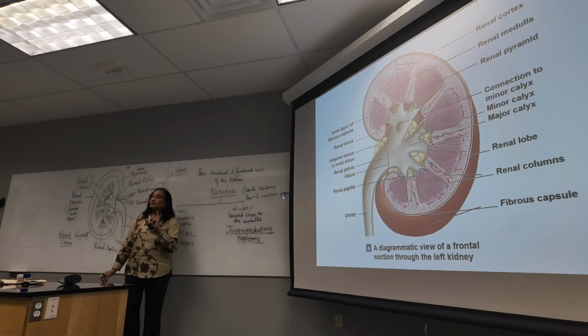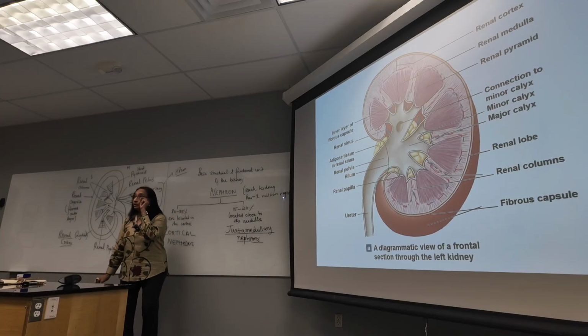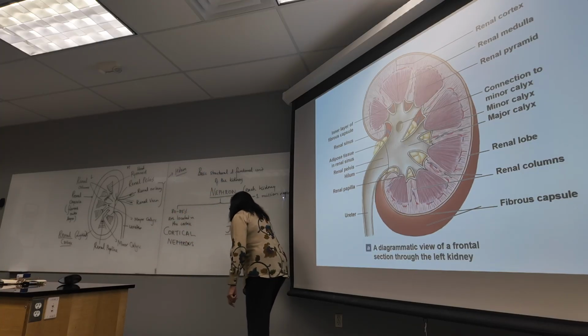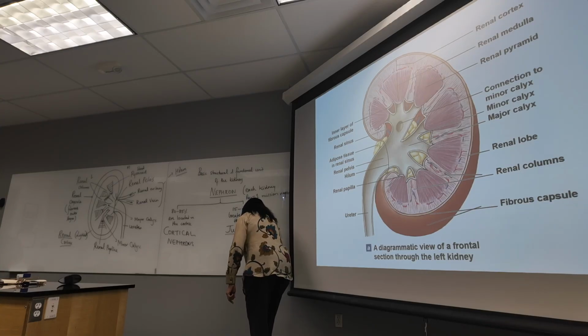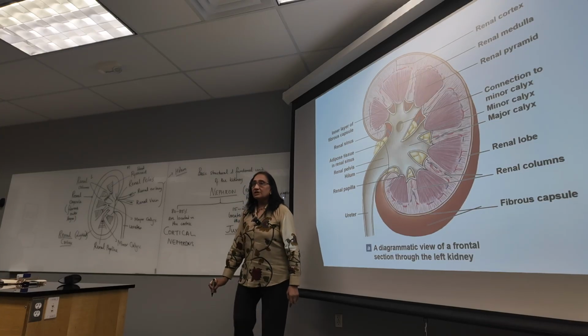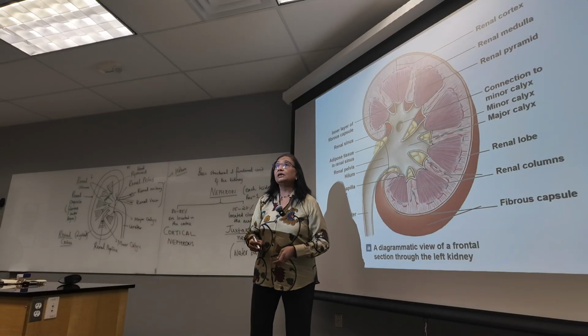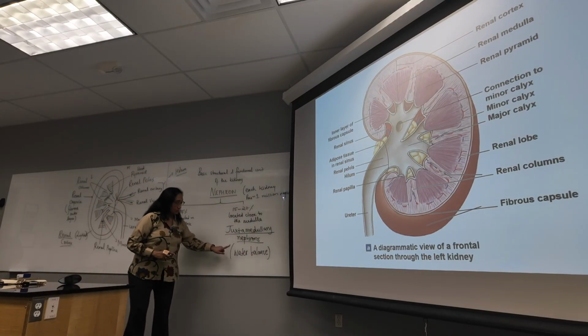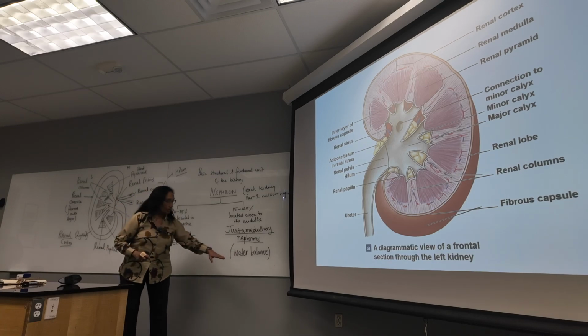And the juxtamedullary nephrons have a very important role in one of the functions of the kidney, water balance. You said one of them? One of the functions, I said, water balance.